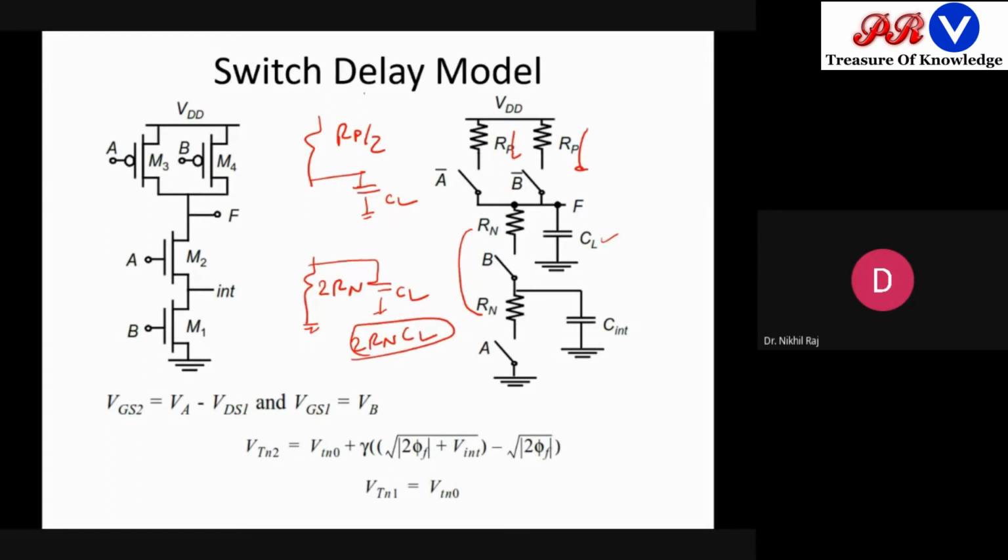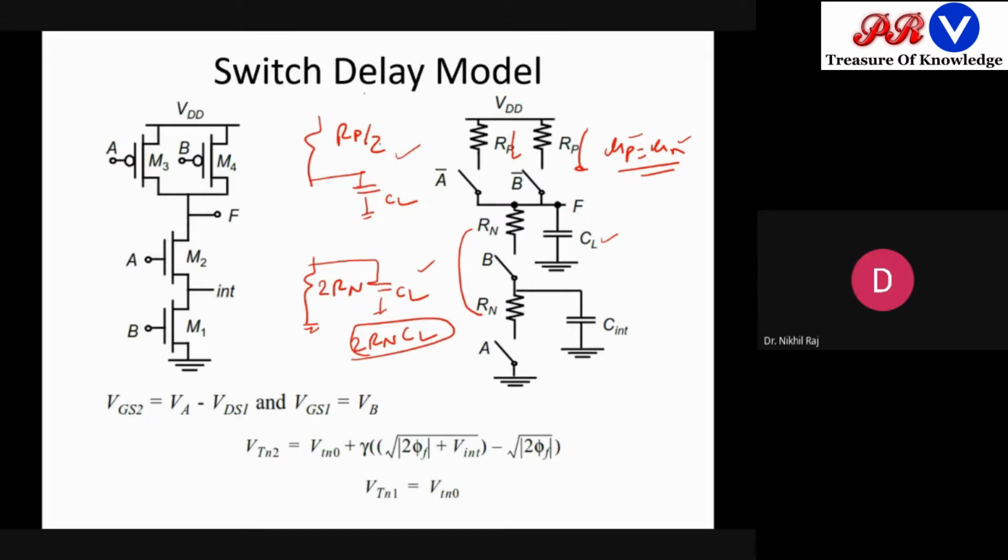Okay, so if I consider that the mobility of P and the mobility of N are the same, then I will get a different charging path and a different discharging path, meaning different charging delay and different discharging delay, because of the effective resistances. So that's why, we know that the mobility of N type is double the mobility of P type, just an approximation, it is taken as 2 or 2.5 times.